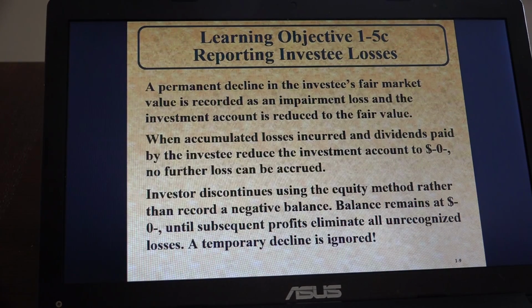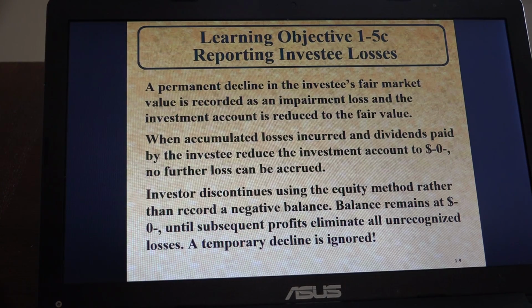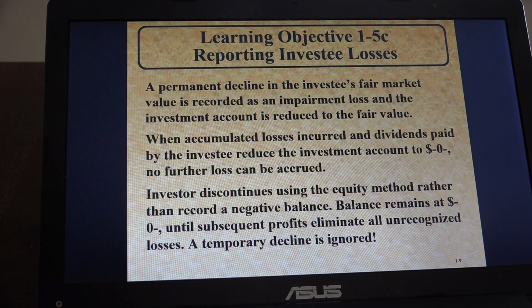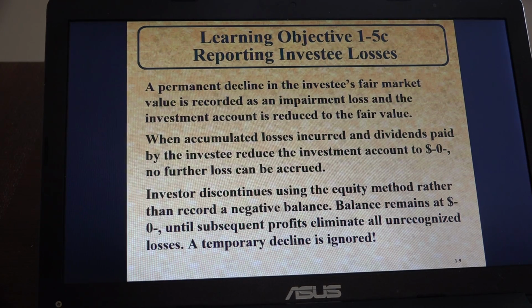Well, what happens if the losses bring the investor's investment in the investee potentially below zero, or maybe that in combination with fair value losses? What do you do then?